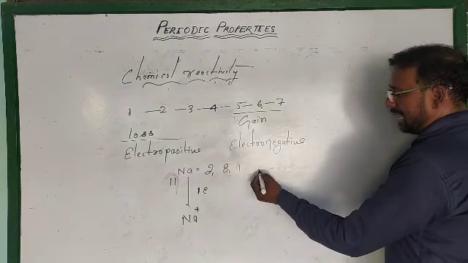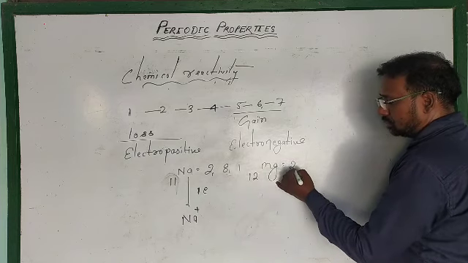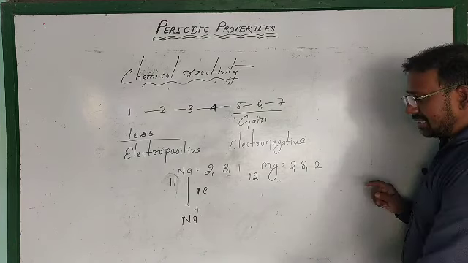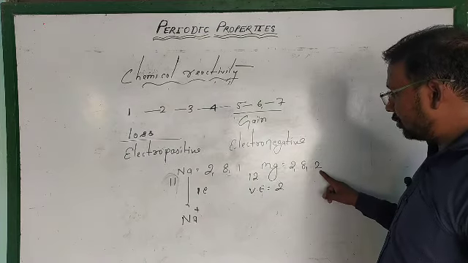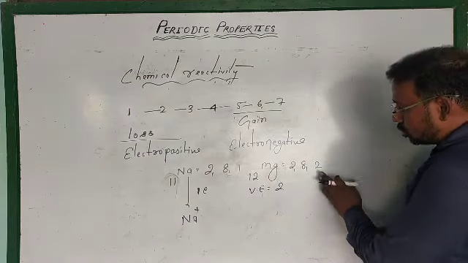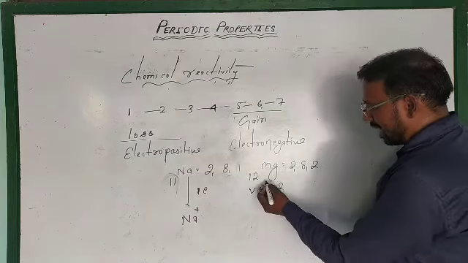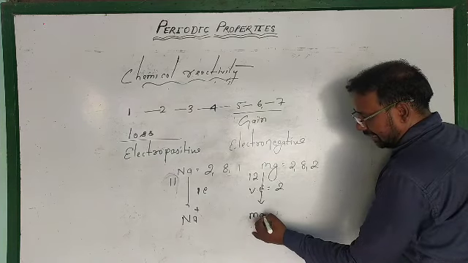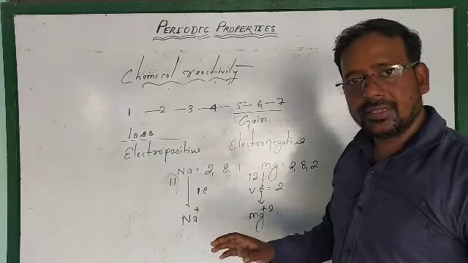If we talk about magnesium, what is the atomic number? It is 12, configuration 2, 8, 2, and you can see its valence electrons are 2. To get a stable configuration, it is easy to lose 2 electrons rather than gaining 6 electrons. Therefore magnesium easily loses 2 electrons and carries a +2 charge. Clear?